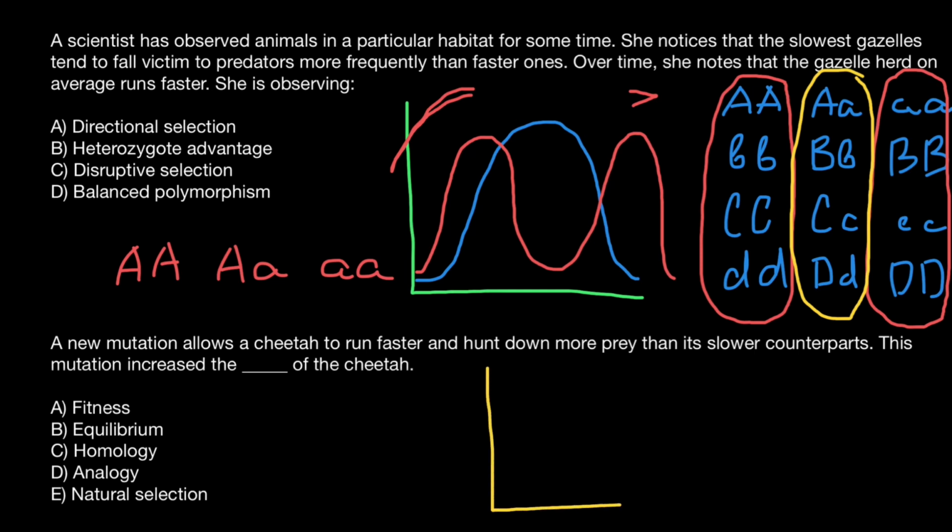Take a look, here's the graph. Here's the initial population, which, for example, shows the average speed of the gazelle. Those animals which would be slow would be on this side of the slope, and those which would be faster would be on this side of the slope.